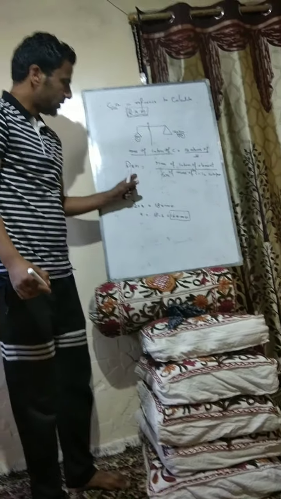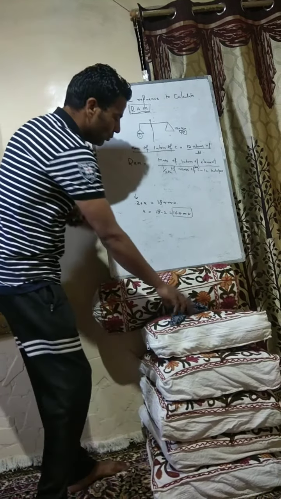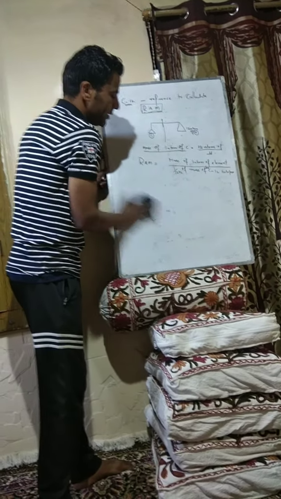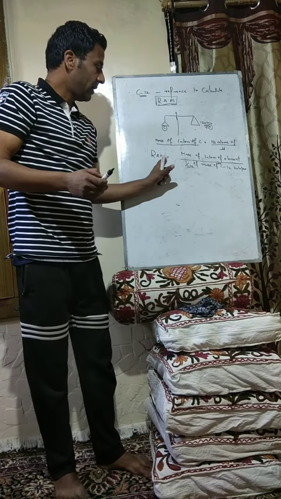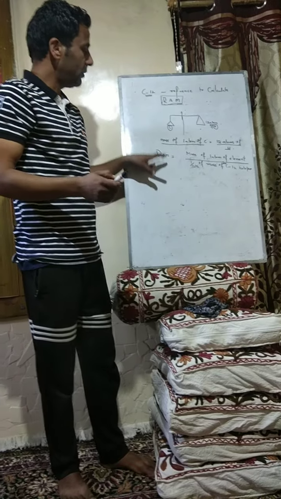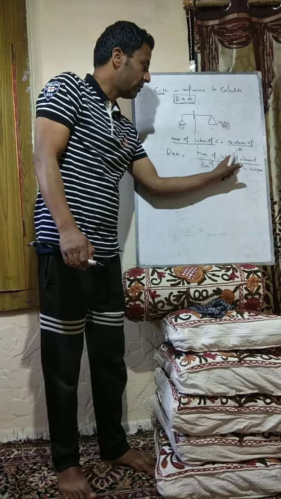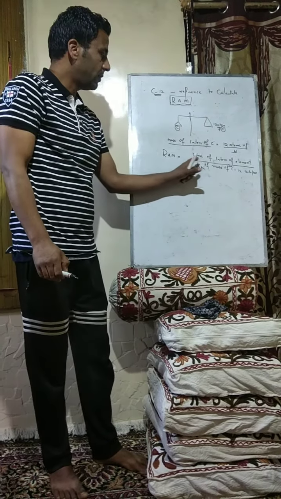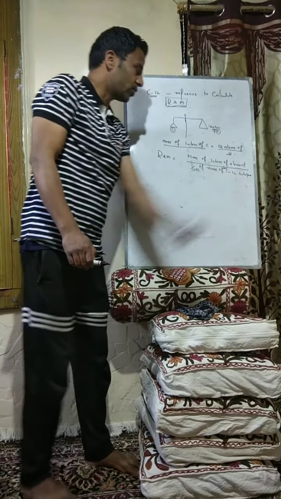So this is the method by which we can calculate the relative atomic mass. We have to memorize this formula. Relative atomic mass of any element can be calculated using this formula: mass of one atom of element divided by 1/12th of mass of one carbon 12 isotope.